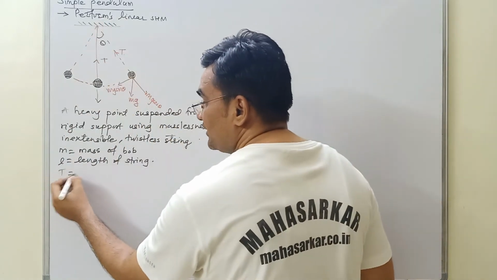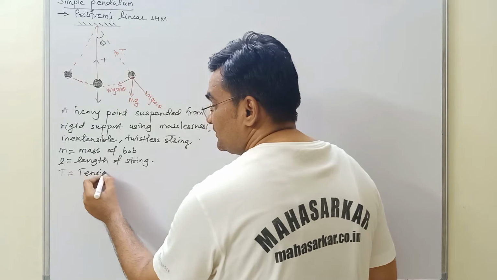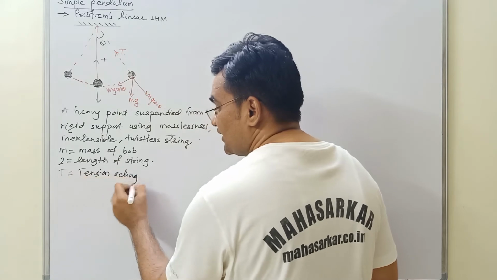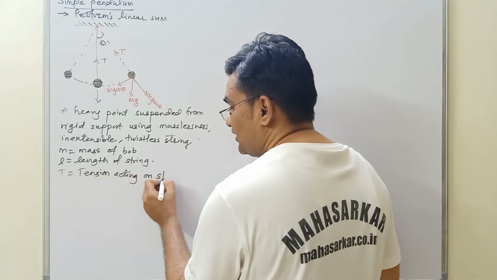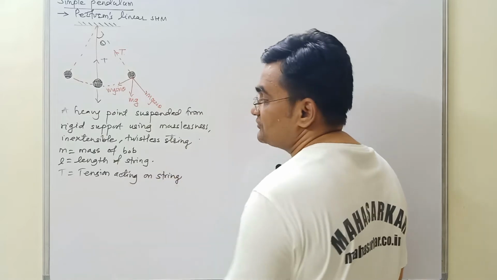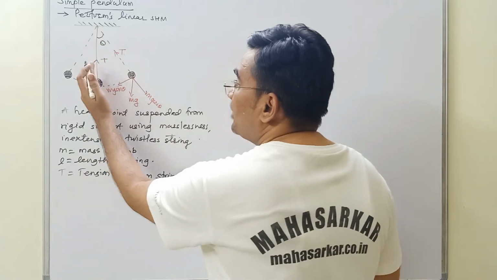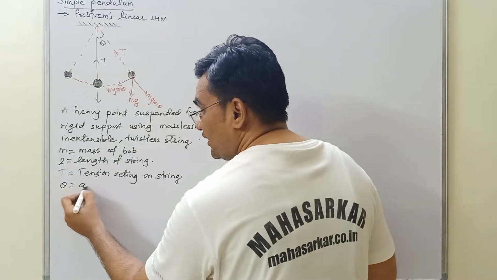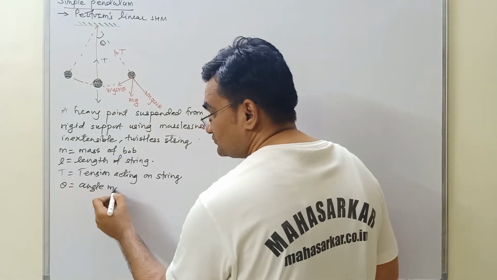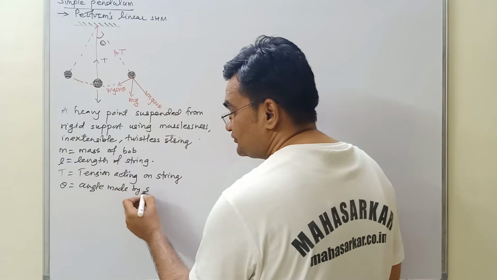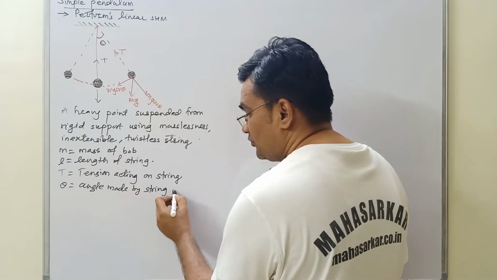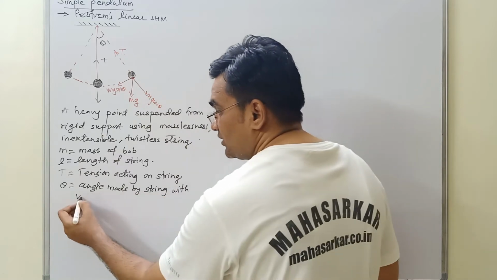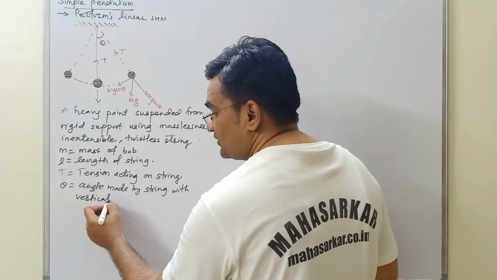So let T be the tension acting on the string. And finally, that bob is displaced by angle theta. So theta be the angle made by string with the vertical.